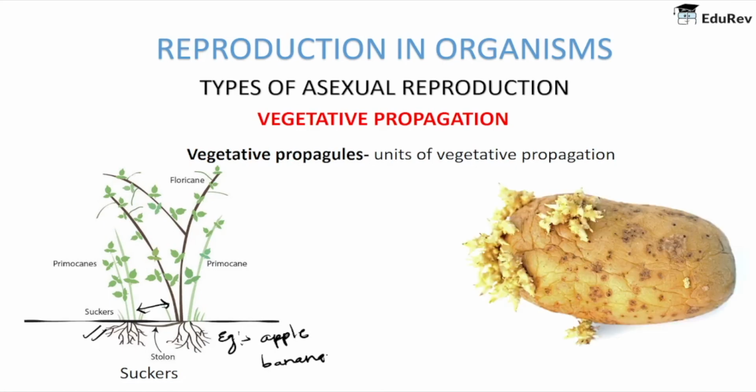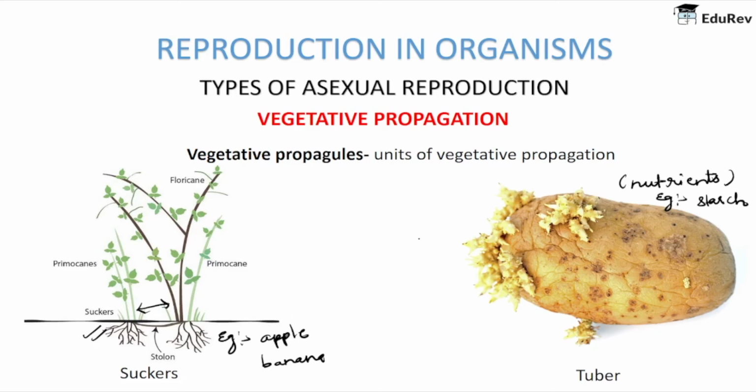Now the next one are the tubers. So tubers are basically the enlarged structures which are used to store nutrients in some plants. Means they store nutrients such as starch inside them, which provide energy and nutrients for the regrowth of a plant.